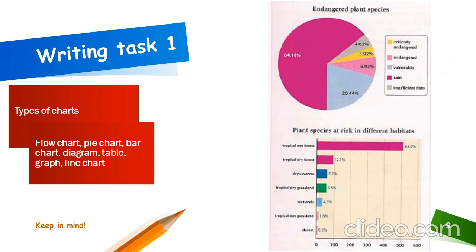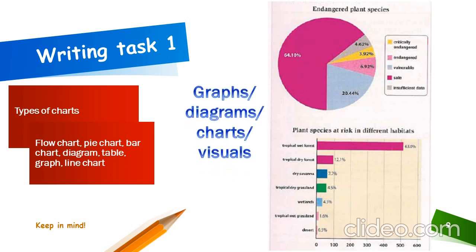And this one? These are both of them. Of course, the first one is a pie chart and the other one is a bar chart. And when you paraphrase all together in the introductory statement, you can say graphs, diagrams, charts, or visuals.